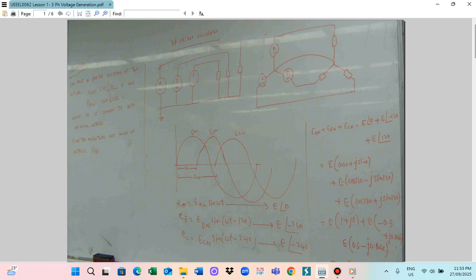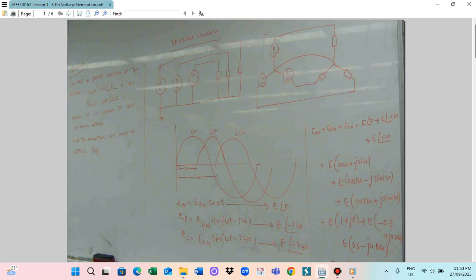If you combine all the voltages together, EAN plus EBN plus ECN, the EAN is E angle 0, EBN you can write as E angle minus 120, and ECN is E angle minus 240, which is E angle plus 120.